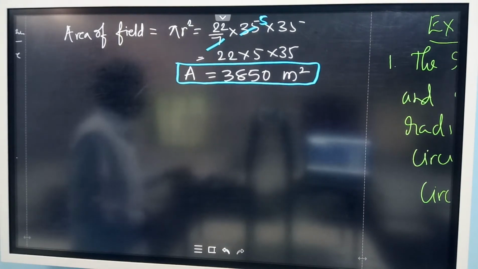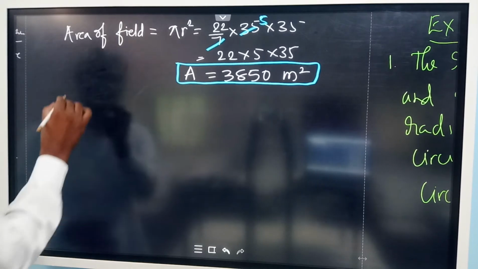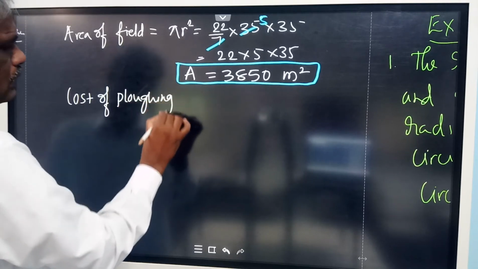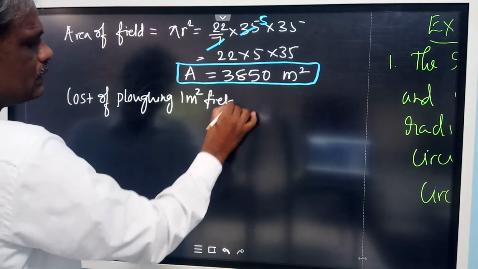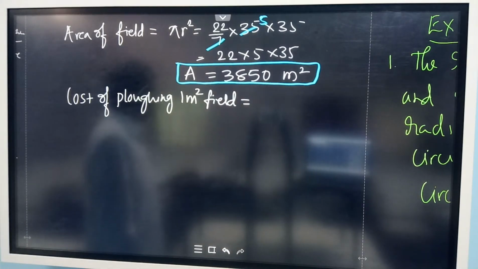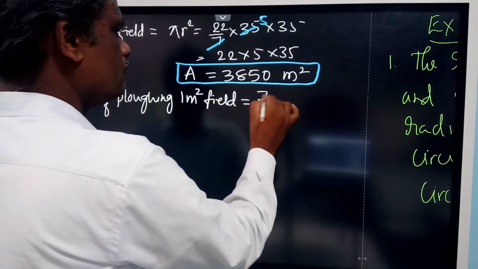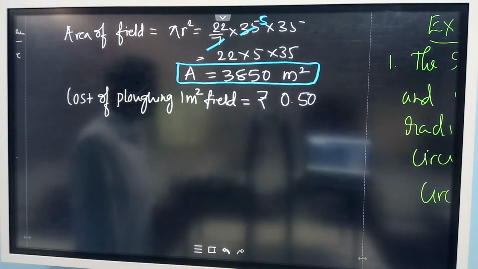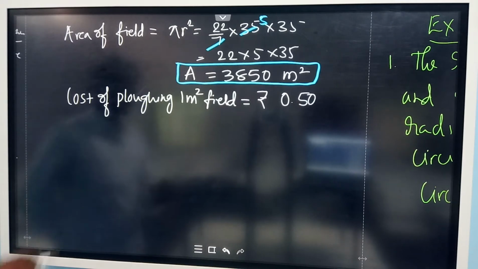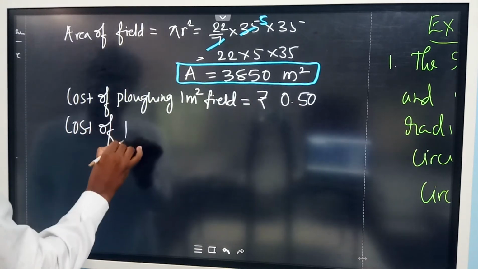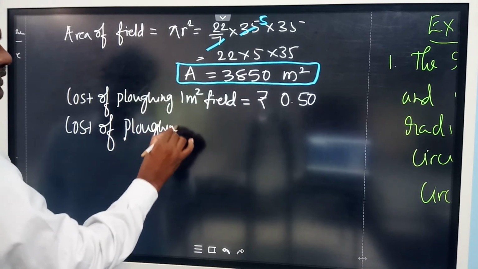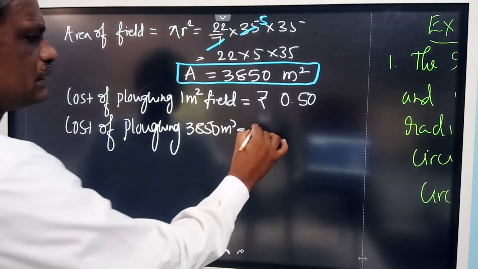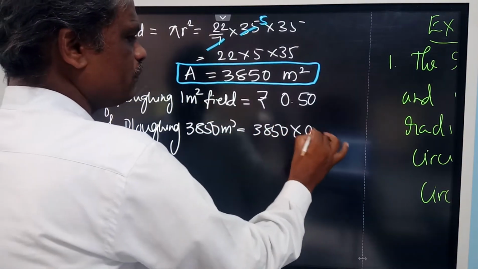And now, what is the cost of flooring 1 meter square of the field? The rate is given. What is the rate that is given? Rupees 0.5, half a rupee. Now the cost of flooring 3850 meters square is equal to 3850 into 0.5.